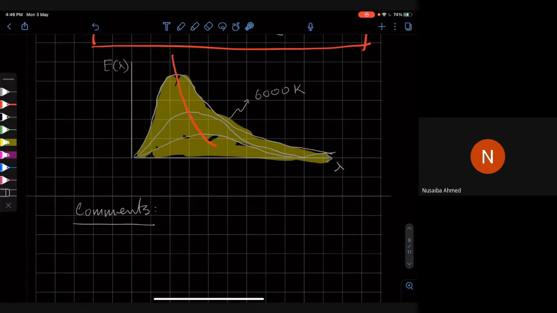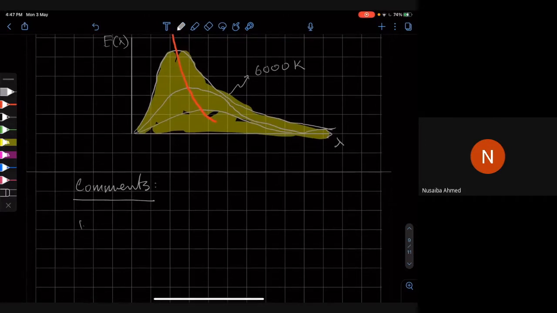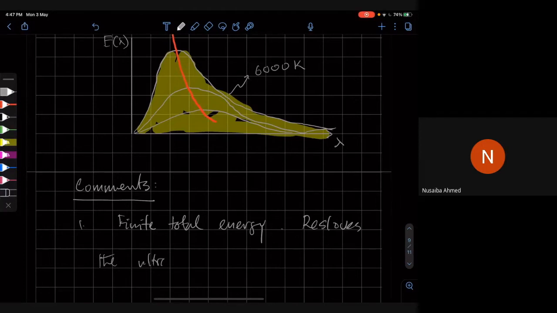So that helps us, that resolves the ultraviolet, finite total energy. So this resolves the so-called ultraviolet catastrophe. You might say, what is the ultraviolet catastrophe?